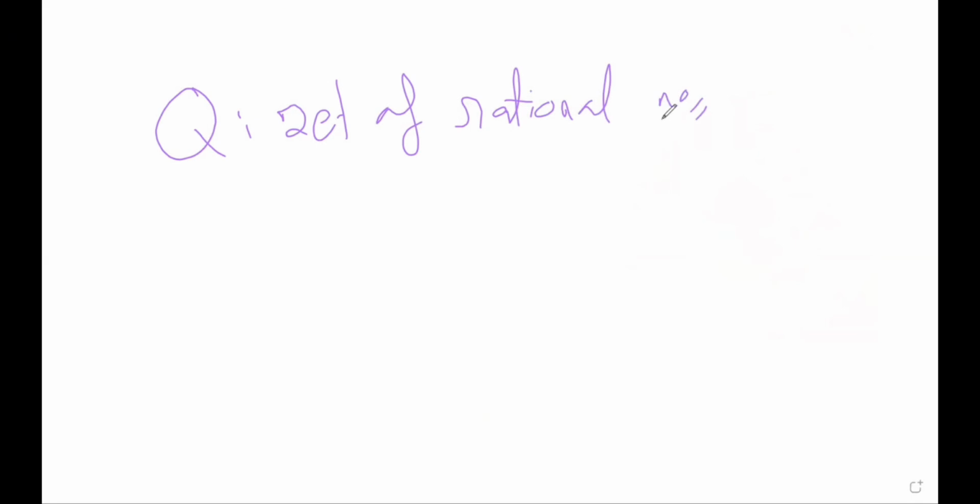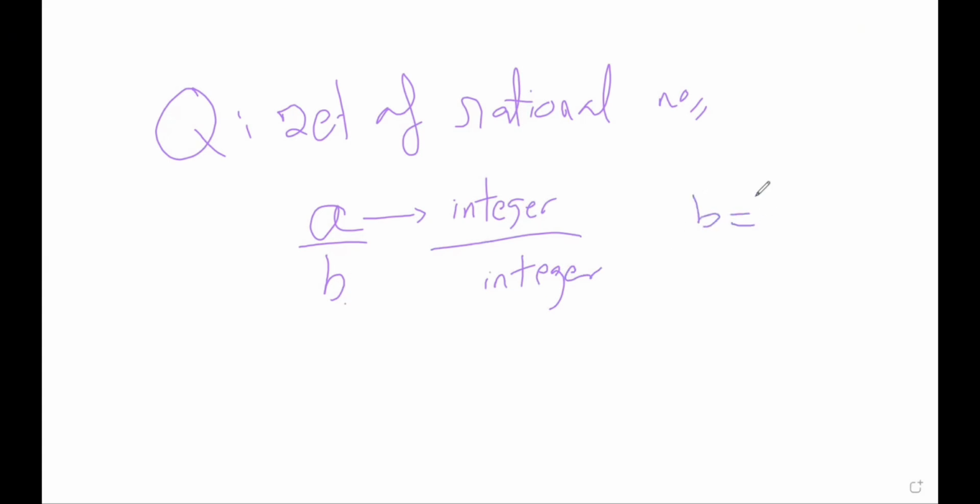The rational numbers can be written as a fraction in the form of A over B, where A should be an integer, a non-decimal number, and B is an integer. هذا الكونديشن الأساسي لحتى أقول عن number هو a rational number, it can be written in the form of A over B, where A and B are integers. وأكيد B should be different from 0 لأنه بالdenominator we shouldn't write 0.